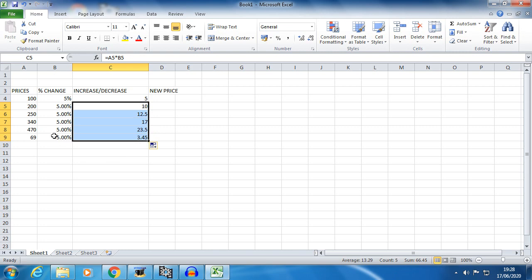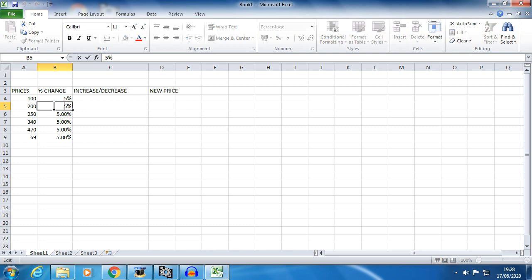Okay. Now let's say that some of them were subtraction. So the price change is minus 5%. So we just put a minus in front. And then it means take away 5% instead of add on 5%. We'll do it with this one as well.